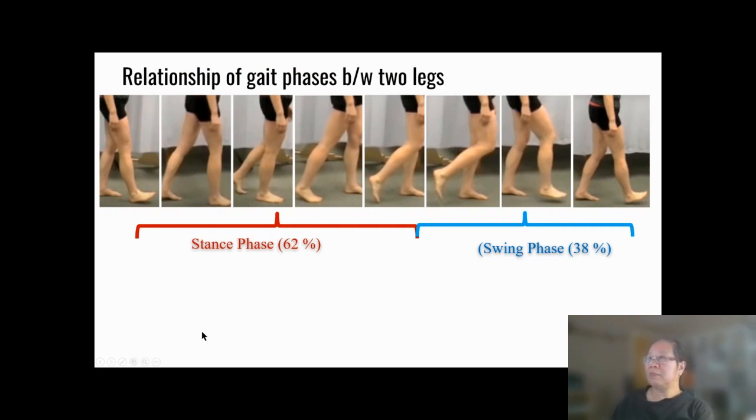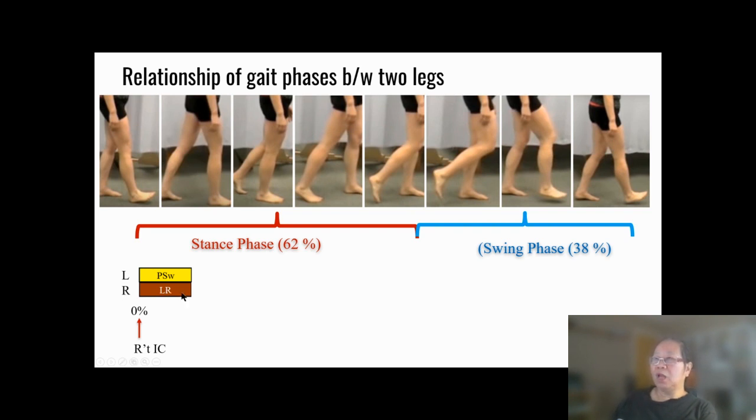So, in summary, stance phase and swing phase. Previously, I gave you 60-40, 62 to 38 is fine. So let's look at when right initial contact, right here, is the beginning of the gait cycle. Right side is the brown one.